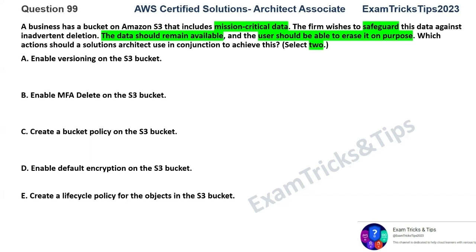This feature is excellent because whenever you delete something, the data is not actually deleted. What it does is create another copy, another version of that data. So you have multiple versions of a particular data structure, and if you want to undelete something, you basically go to a previous version. It's like version control on code, a similar concept on the data. So that's definitely one of the solutions.